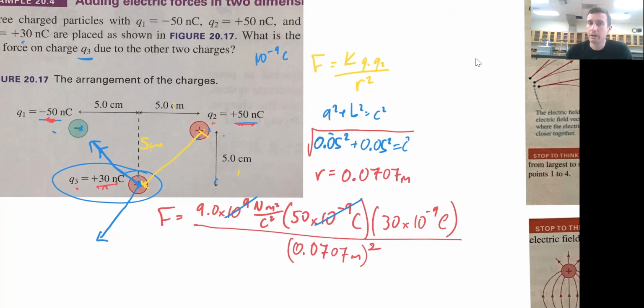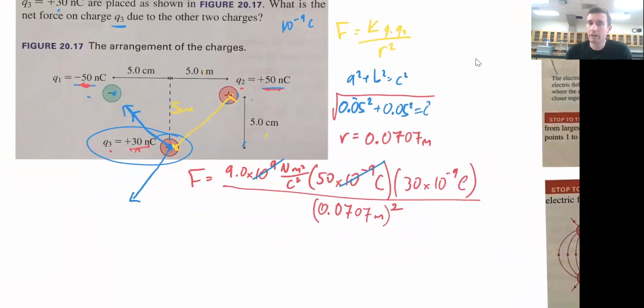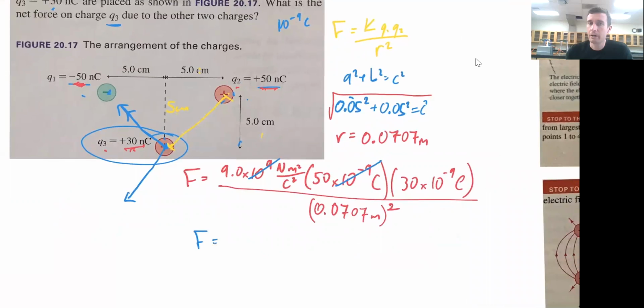9 times 50 times 30 is 13,500. So that's 1, 2, 3, 4, 10 to the 4th plus 10 to the negative 9th gives me 1.35 times 10 to the negative 5th.